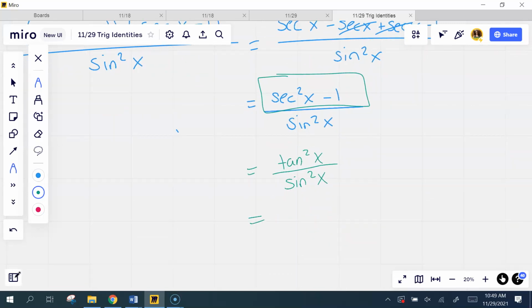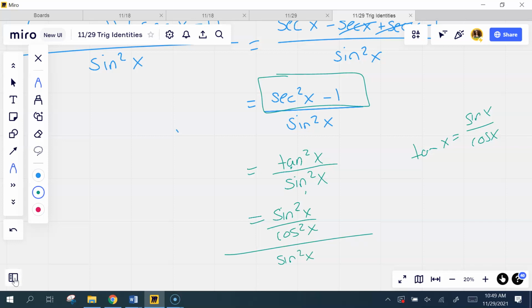Let's do the top and multiply by the reciprocal of the bottom, because if tangent is sine over cosine, let me write this as sine squared over cosine squared. But now remember, all of this is over sine squared, right?